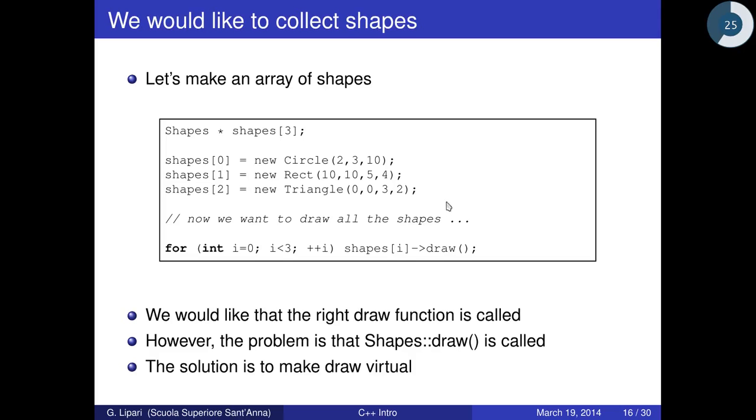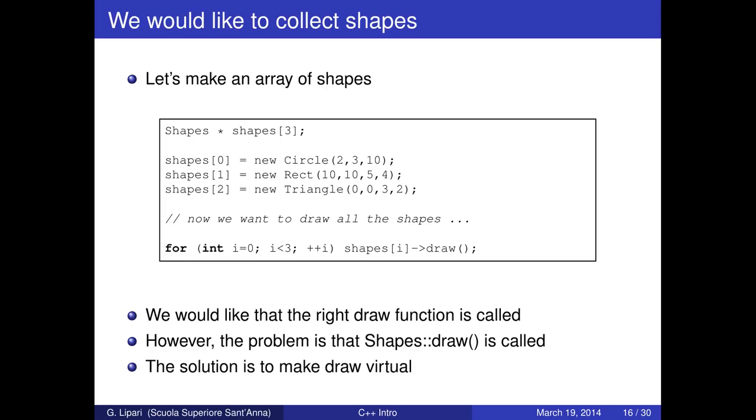So basically here, instead of looking simply at the interface of shape and calling the function inside shape, I'm going to look at the specific type of object that in that moment is being pointed by this pointer, and I'm going to call the corresponding draw function.